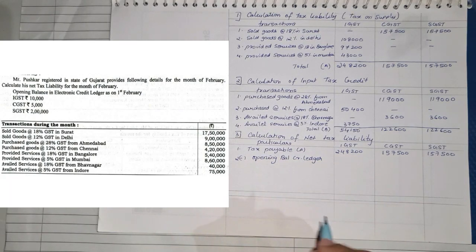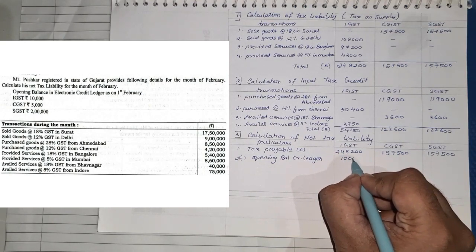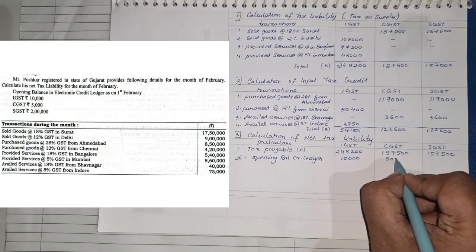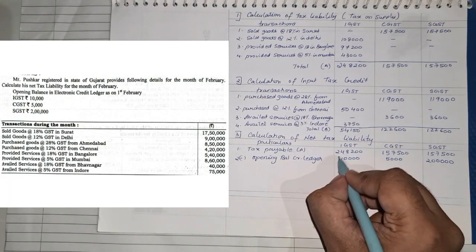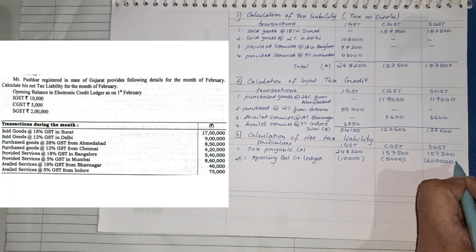The values given in the electronic credit ledgers are 10,000, 5,000 and 2 lakhs. Remember, this is less, so all will be in brackets.